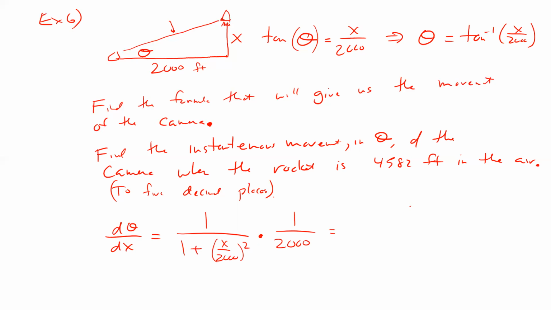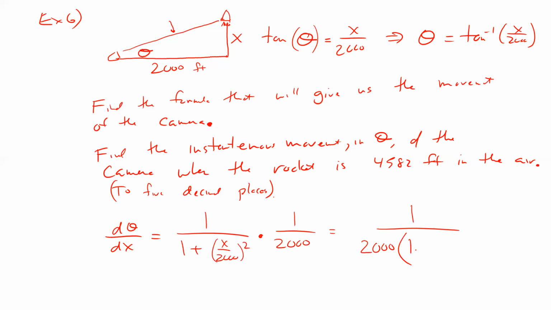Okay, so cleaning it up, how about this? 1 over 2,000, parentheses 1 plus, what is that, x squared? Whoa, that's a big number. I'm going to write it like this. That okay? I'm going to write 2,000 just squared still.